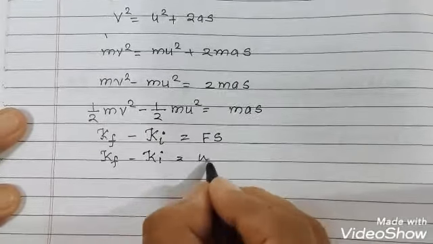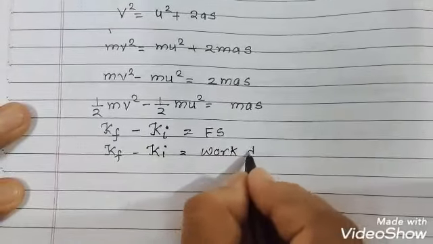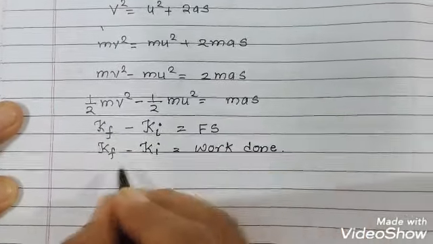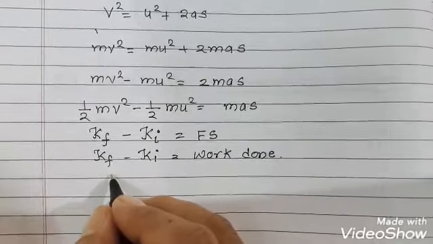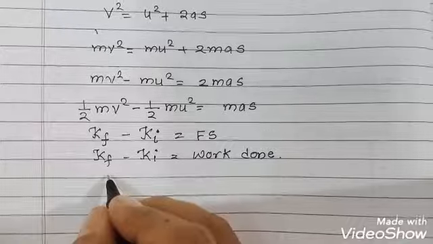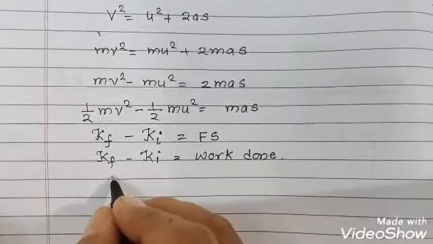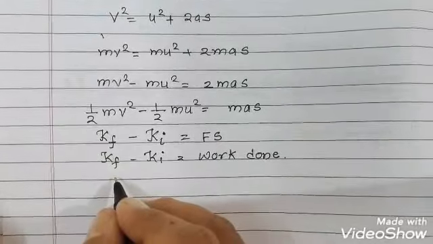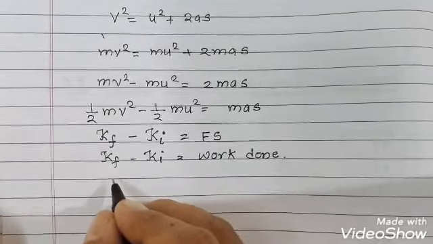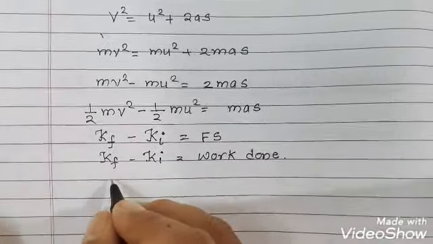So you can see here that work done is equal to change in kinetic energy, and this is called the work energy theorem. According to this theorem, the work done by the net force in displacing a body is equal to the change in kinetic energy of the body.